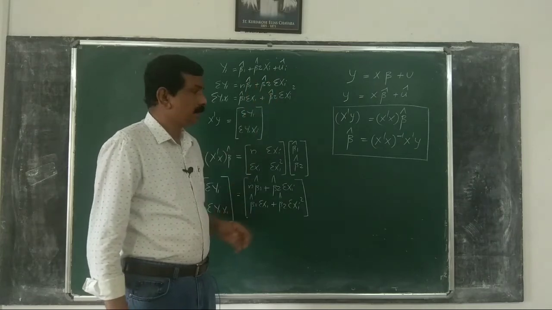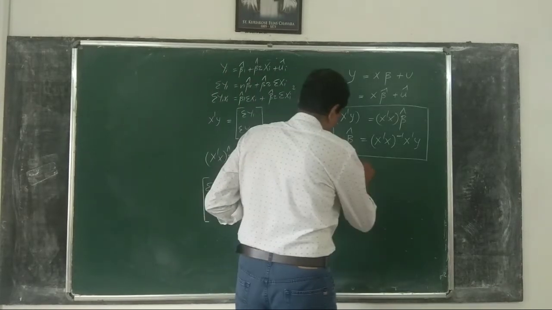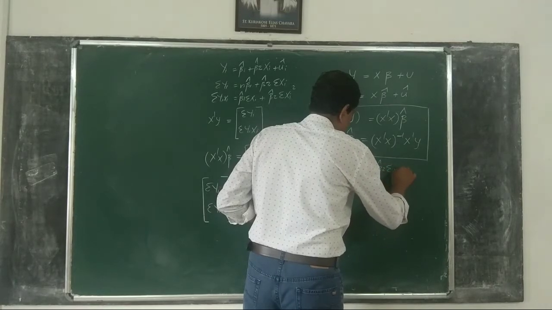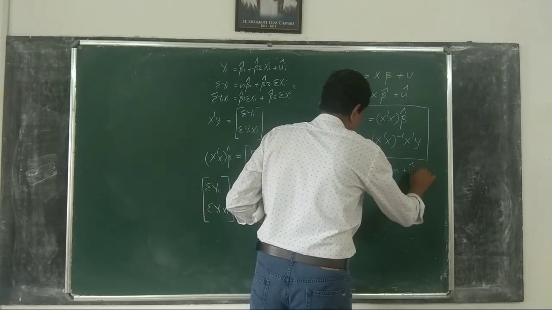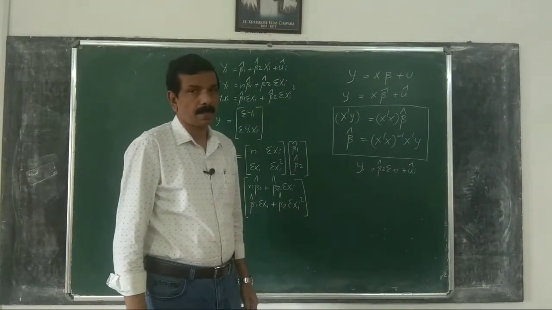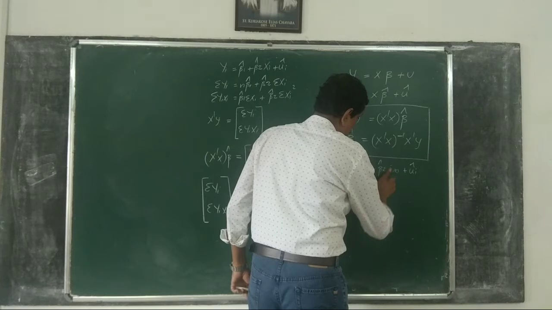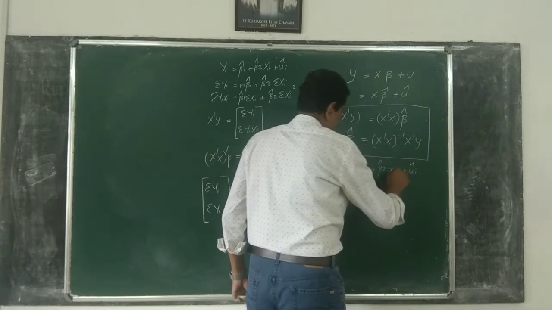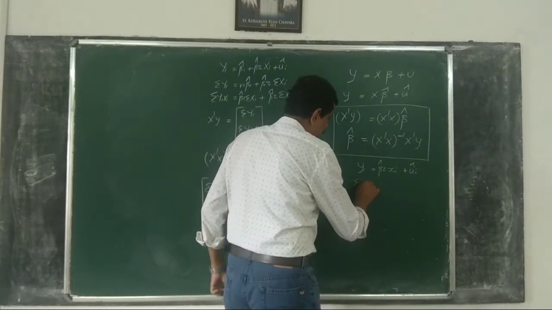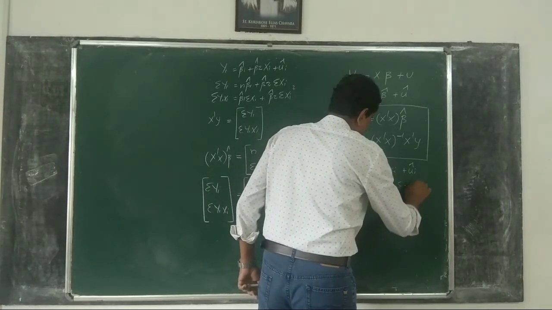The two-variable model was also presented in deviation form as yi is equal to beta 2 hat xi plus u hat i. In deviation form, the two-variable model is this. And the normal equations in deviation form are sigma yi xi is equal to beta 2 hat sigma xi square.